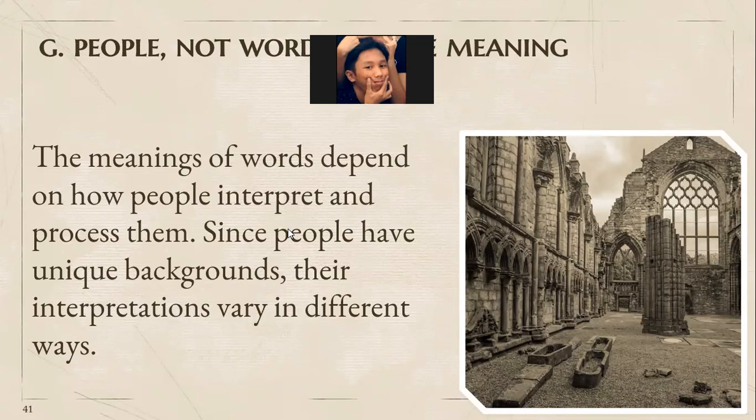That's why sometimes misinterpretations and miscommunications happen, because we interpret differently. So it's very important that when we communicate with other people, we need to be clear. We need to avoid ambiguity in our communication. So people create meanings of the words, not the words themselves.